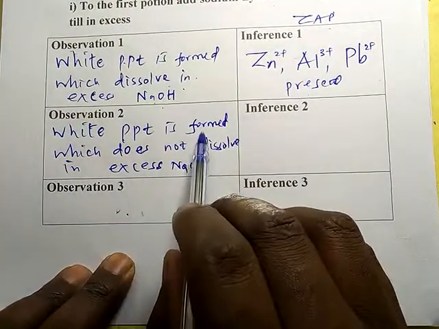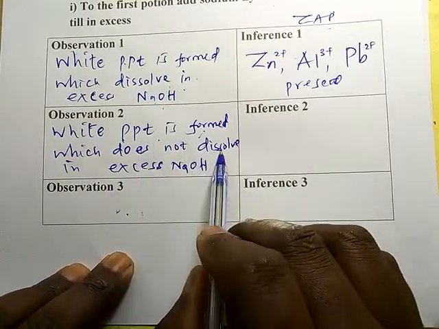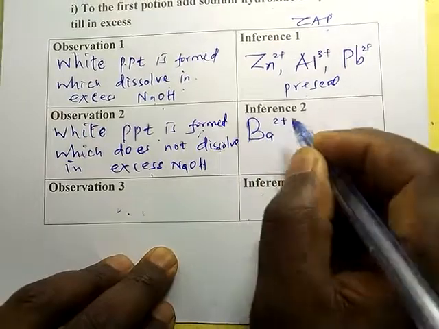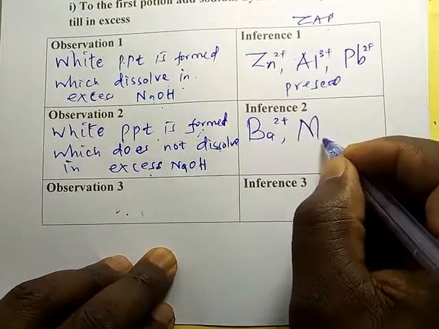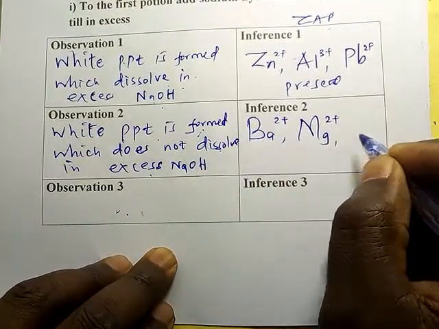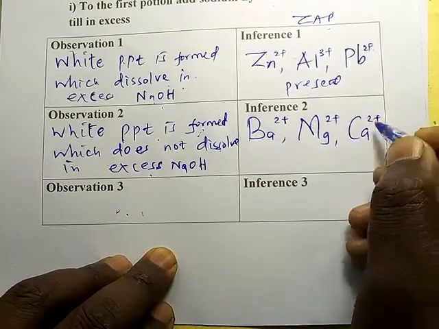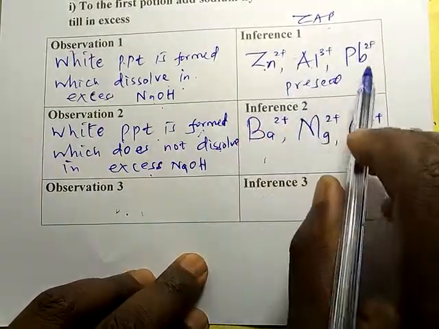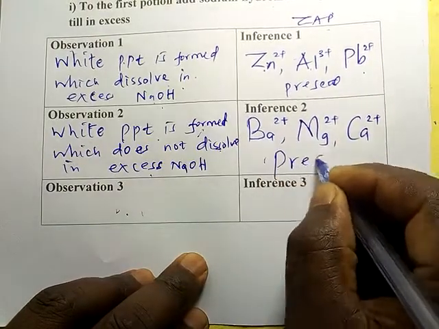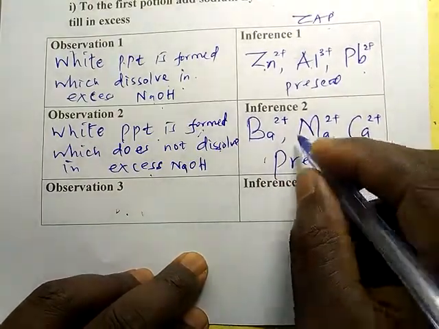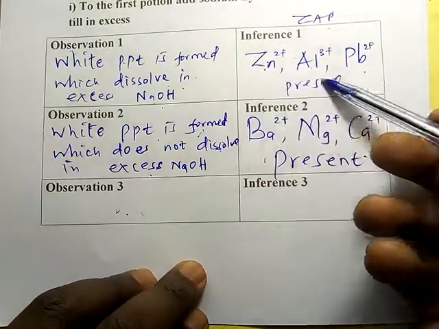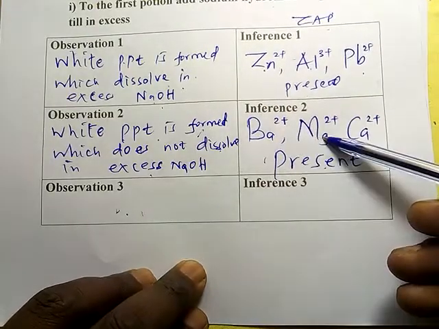So if a white precipitate is formed and it is insoluble in excess, it simply means that barium, magnesium, and calcium are present. It means that the zinc, the aluminium, and the lead are absent. But we want to infer what is present only. These ones are absent, therefore this one is present.